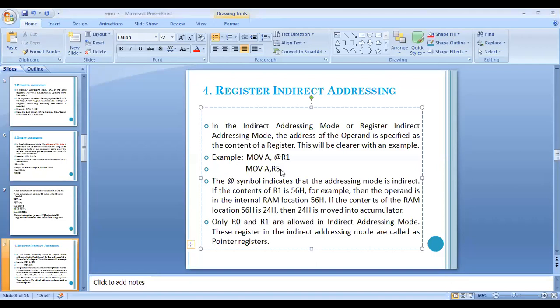See here, if I make it R1, what does MOV A, R1 mean?